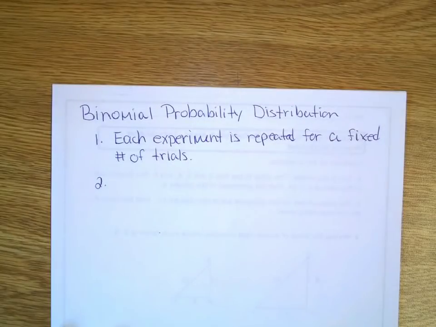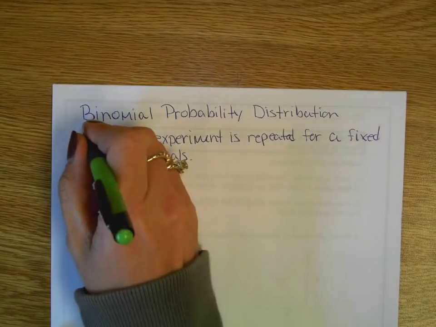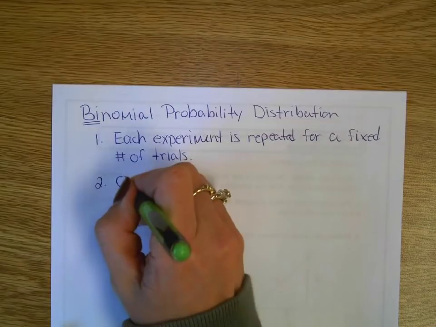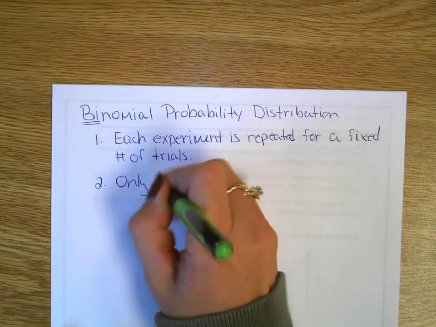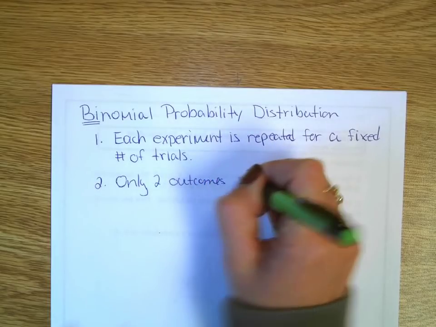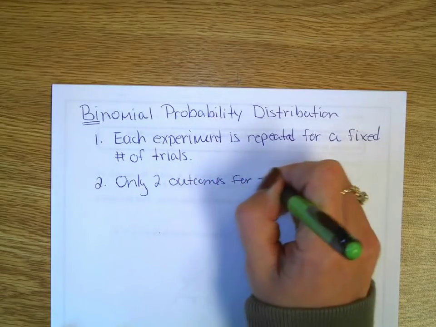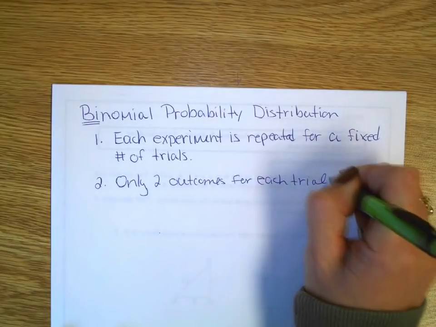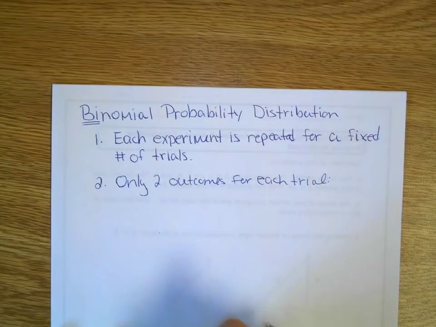Number 2 thing that has to happen, on each trial there can only be 2 outcomes. That's the bi in binomial, meaning 2. So each time there are only 2 outcomes. And your 2 outcomes are success and failure.